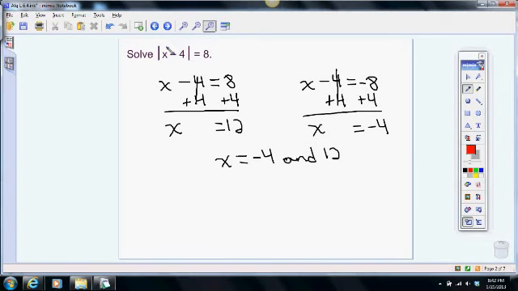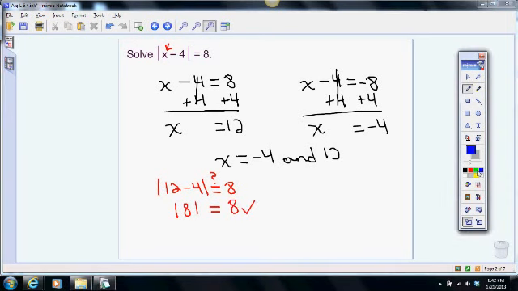If I were to input a 12 right here, I would get the absolute value of 12 minus 4. Does that equal 8? Well, 12 minus 4 is 8. Is the absolute value of 8 equal to 8? Yes, it is. Let's try negative 4. Again, we came up with x equals negative 4, so let's plug that into our equation here.